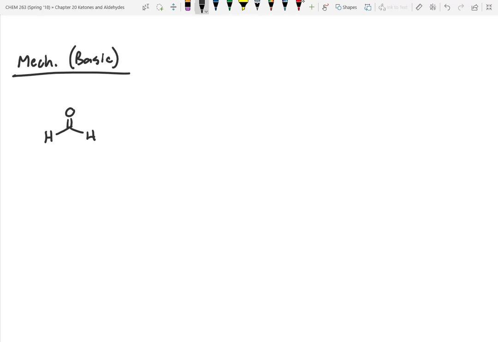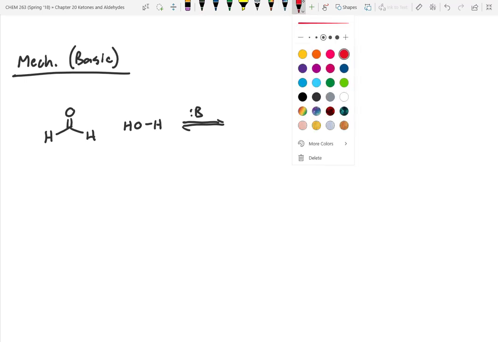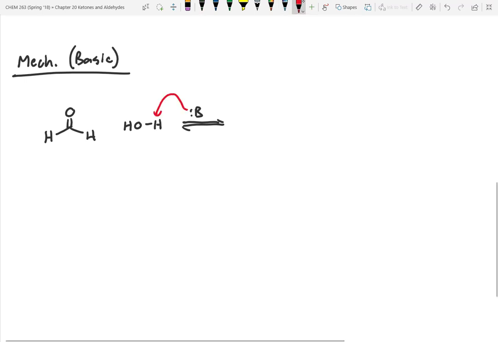Actually, I'm going to show it a little bit differently. You can use a stronger base and deprotonate water to get this to work. Most people, it's just easier to use sodium hydroxide in water, but I'll show it this way just to be somewhat consistent with our previous mechanism.